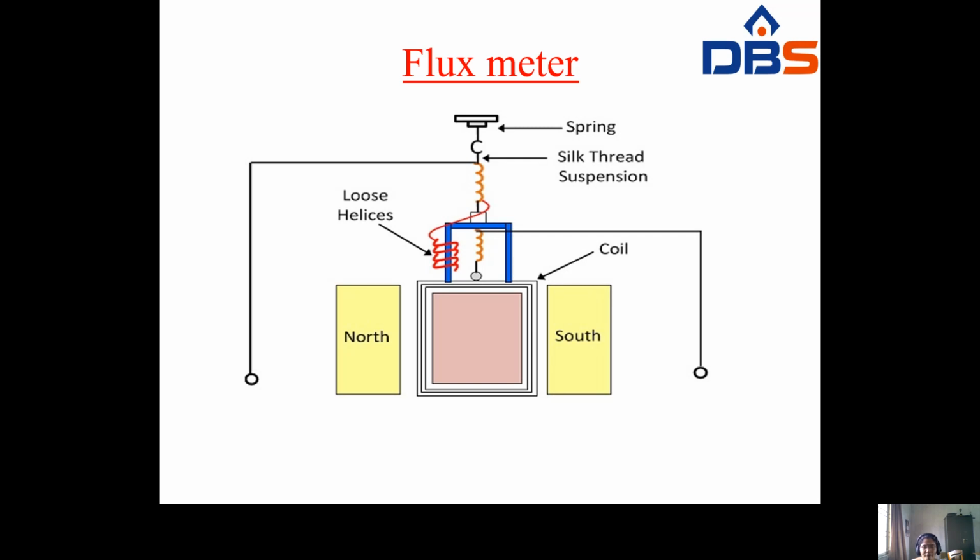When the flux is produced due to these two poles, north pole and south pole, current will be produced in the coil according to Faraday's laws of electromagnetic induction. At that time the spring will move, and it will show some deflection value, and that deflection value is equal to the flux value.